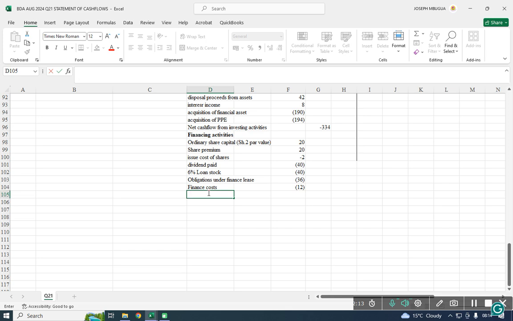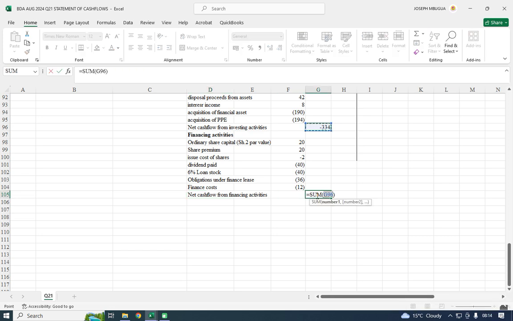net cash flow, net cash flow from financing activities here. So we add from this point, we shall get negative 90.